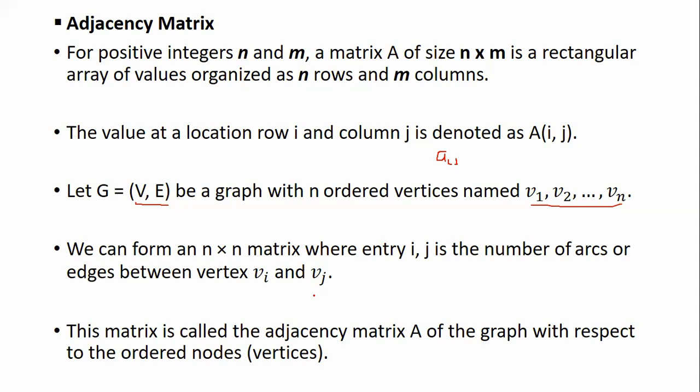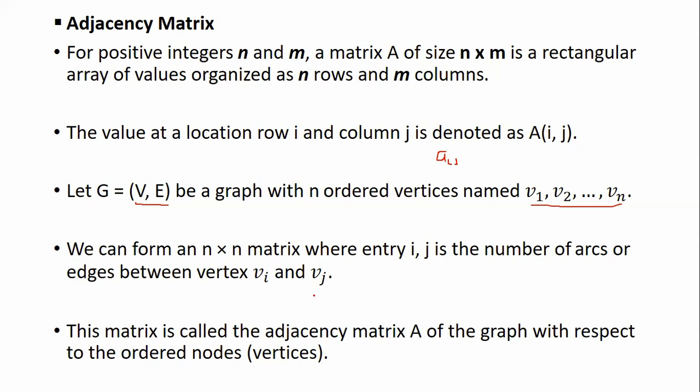What we are saying here is that if you have a graph with vertices V1 up to Vn, then we can form a square matrix using the vertices. All we want to find is whether there is a connection, an edge, between two given vertices. At the end of every edge, both ends will have vertices.